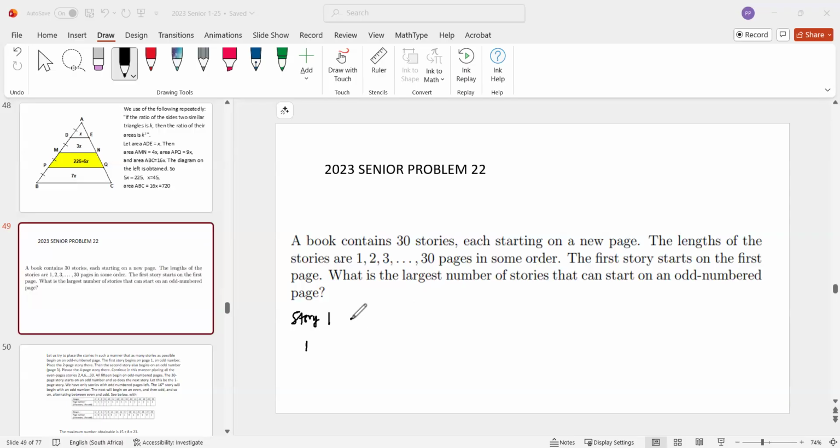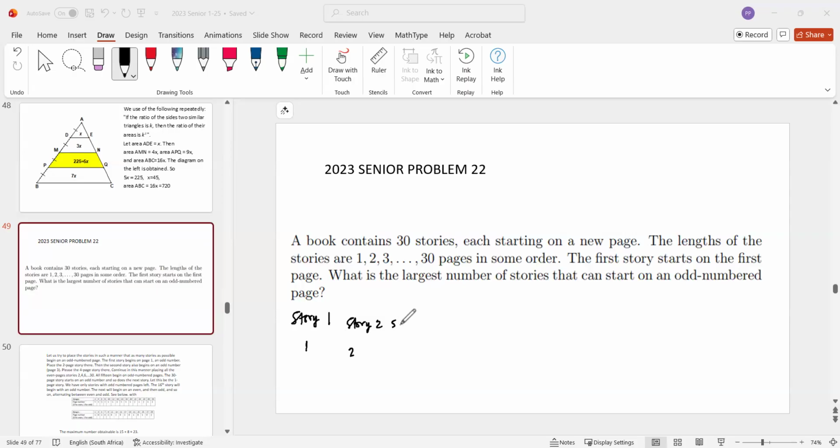So let's make story 2 start on page 2. Okay, so the second story, because the first story is only one page, starts on page 2. Now let me finish all the even ones.